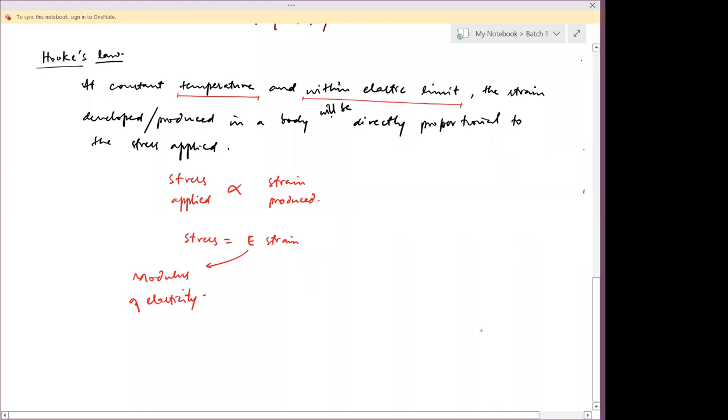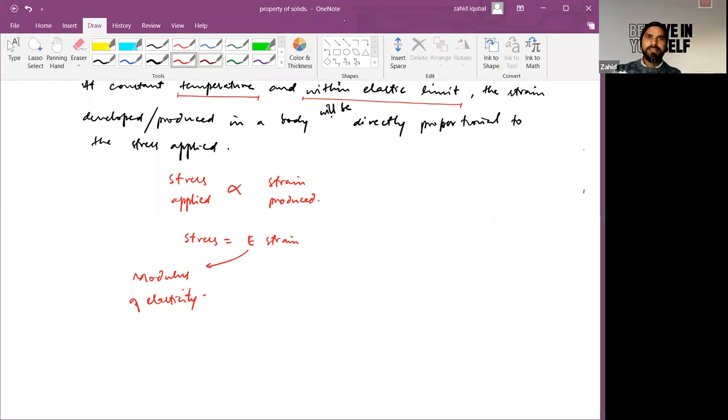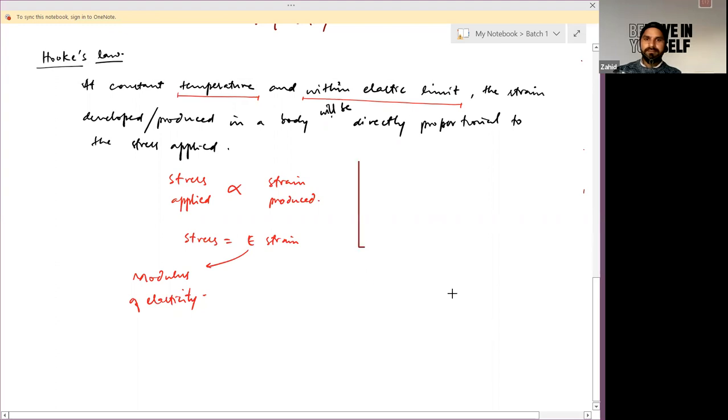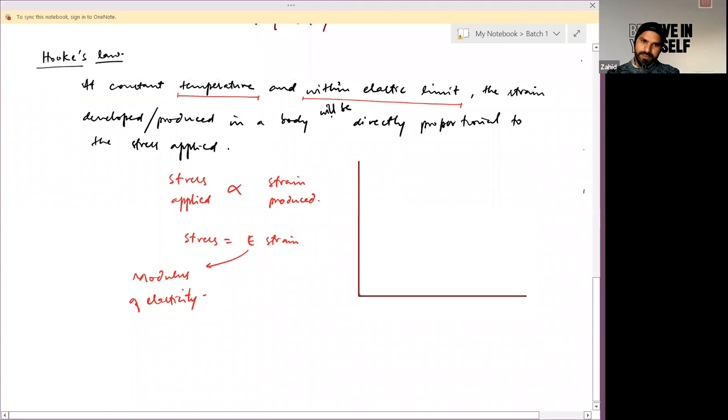Okay. Now, since stress and strain are directly proportional to each other, we can draw its curve. Stress is directly proportional to strain, so the graph will be a straight line. This is the amount of stress applied, and this is the corresponding strain developed.